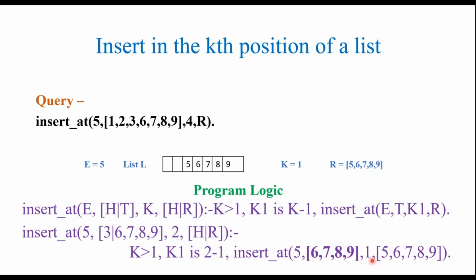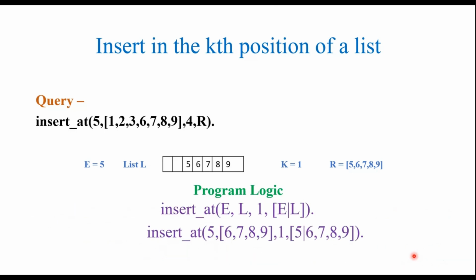Now, whenever this gets executed, it receives R as 5, 6, 7, 8, 9 from the base case. After executing this base case, here the first time it receives the output.